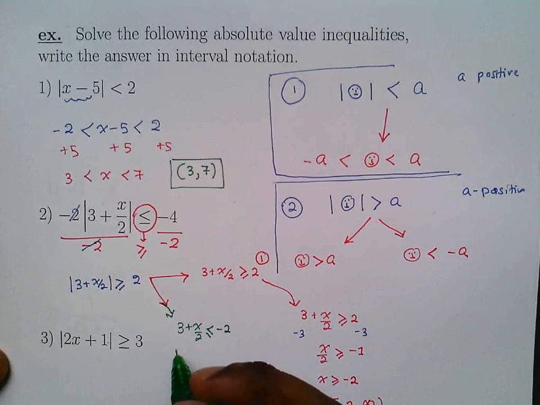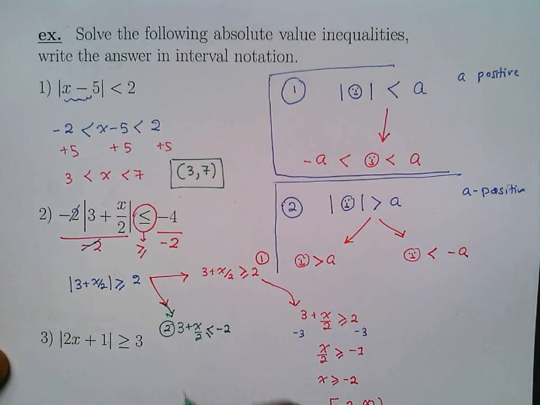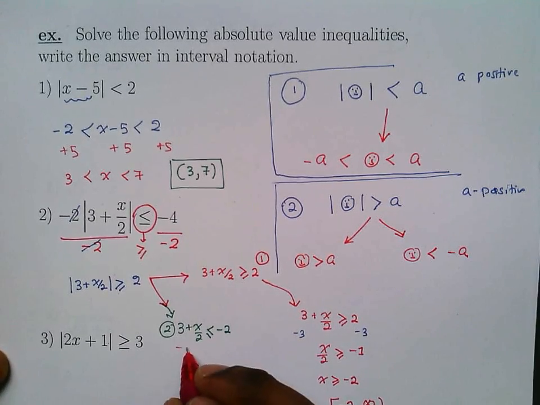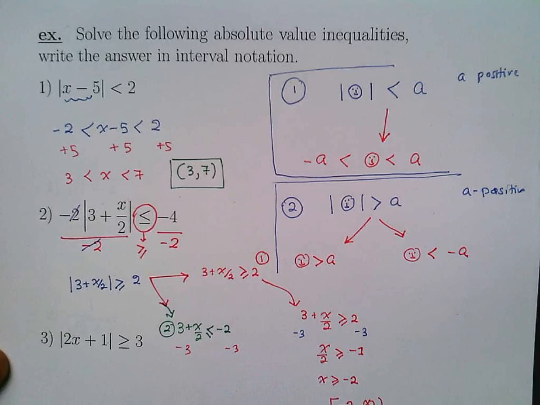Inequality number 2: subtract 3 first. So you get x over 2 less than or equal to negative 5. Multiply by 2, you get x is less than or equal to negative 10. So here x is less than or equal to negative 10, so that would be from negative infinity to negative 10, including negative 10.